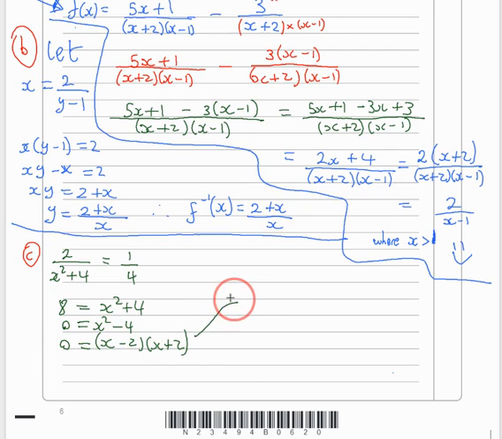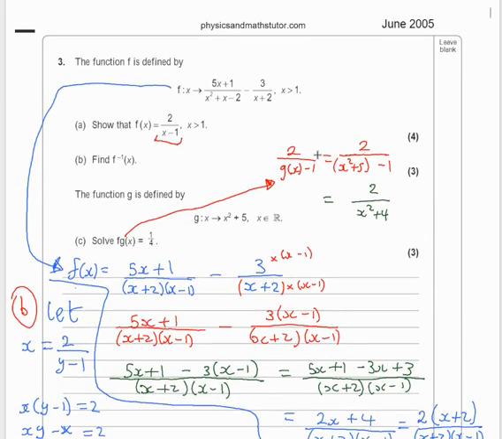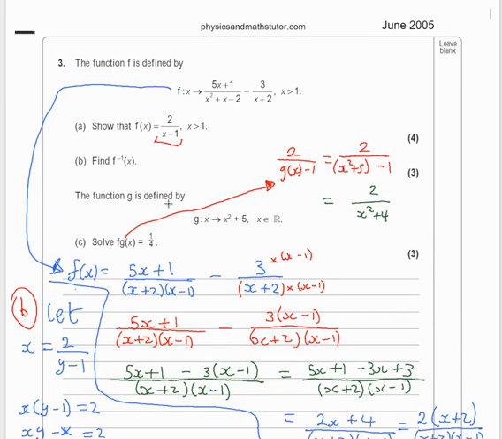That tells me that x is either equal to 2 or x is equal to minus 2. Or is it? Got to be careful, guys. We've got to go back. It's f of g of x, a composition of functions. For g of x, x can be any real number. That's cool.